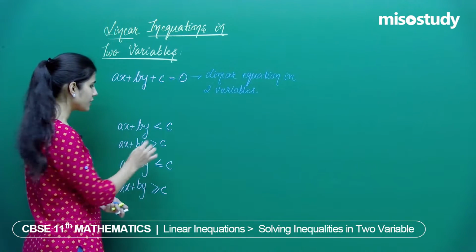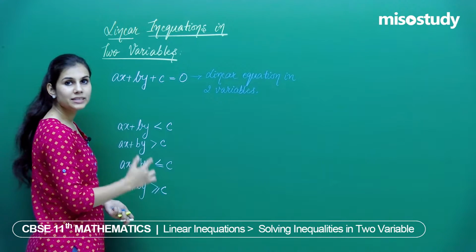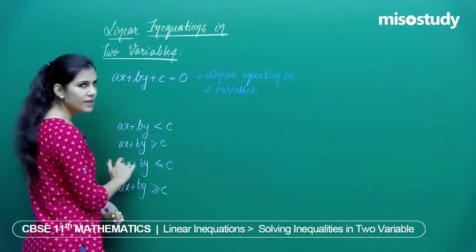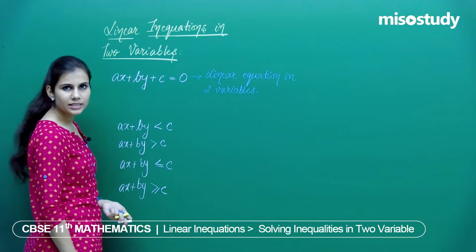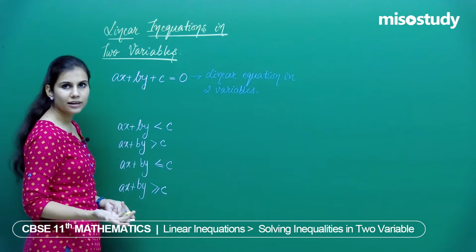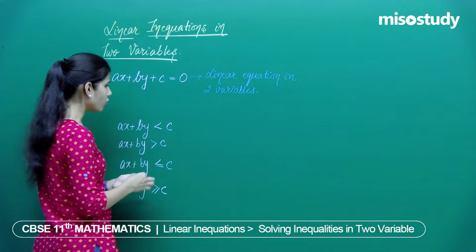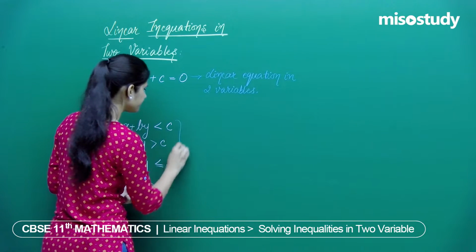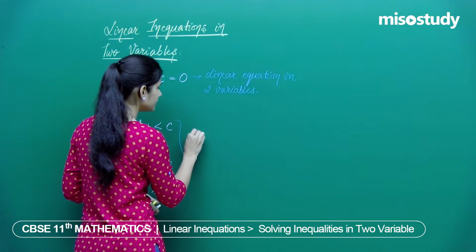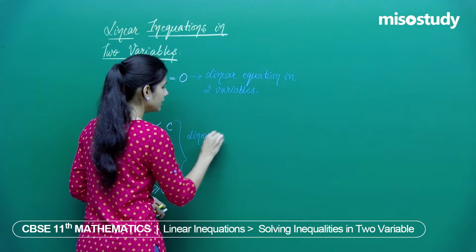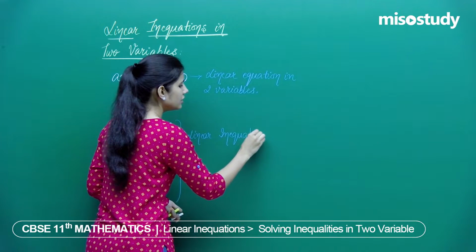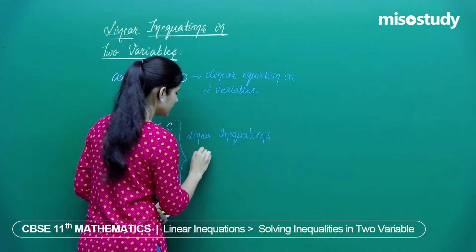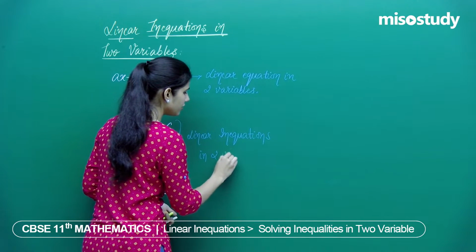In this situation, you can again see these are not equations, but these are inequations in very much two variables present x and y, because both are present with highest power 1, because their coefficients I am saying are non-zero. Therefore, these are all representing what? Linear inequations in two variables.